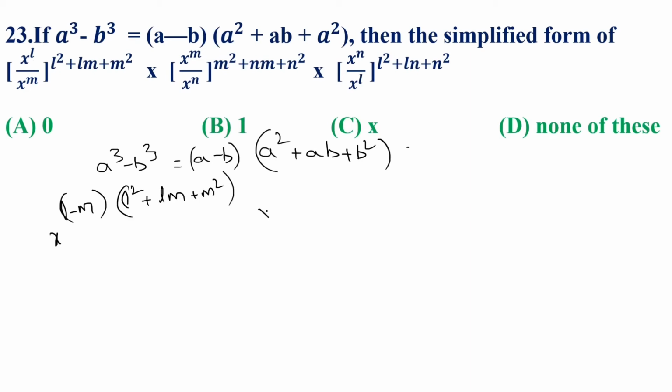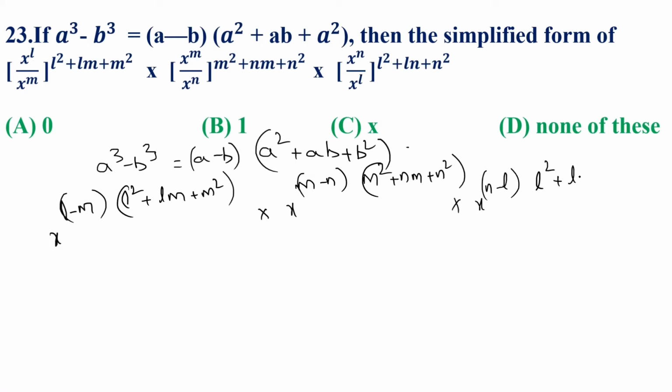In the same way, this also: x to the power of m minus n into (m square plus nm plus n square). And this also the same: x to the power of n minus l into (l square plus ln plus n square).